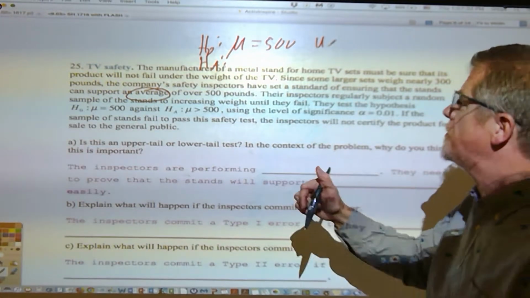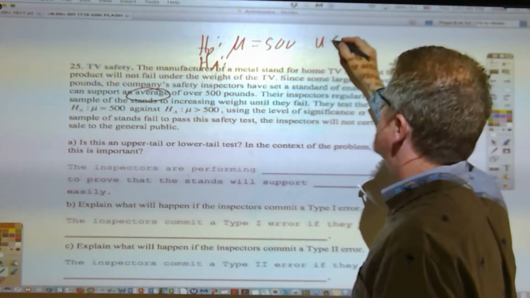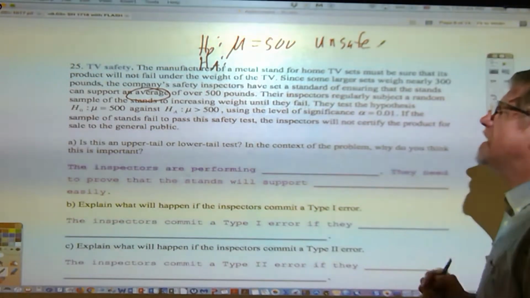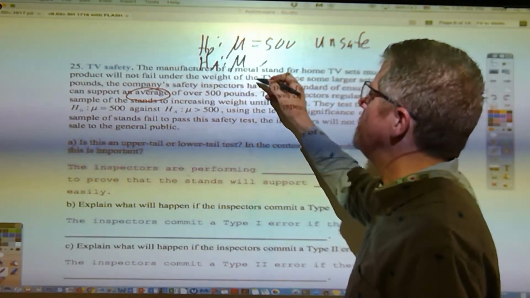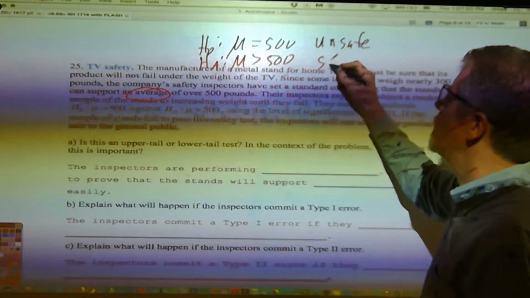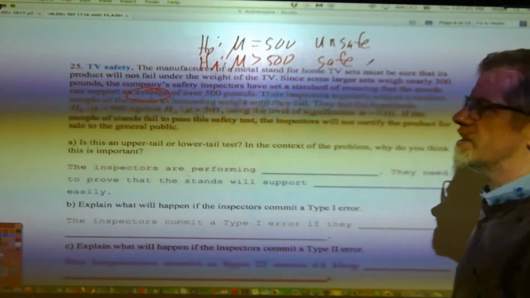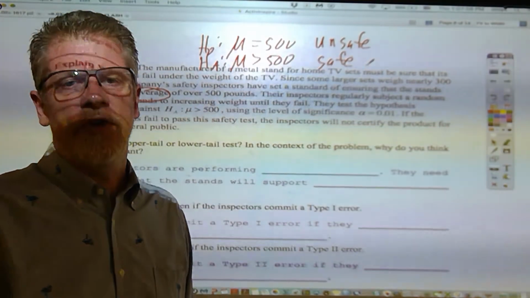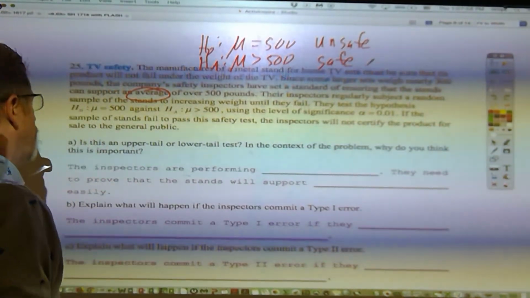So we're going to assume that they're unsafe, and only if we get evidence that the mean amount of weight that they can support is above 500 pounds will we certify these TVs as safe. There needs to be sufficient evidence that these televisions are safe, otherwise we simply will not certify them.